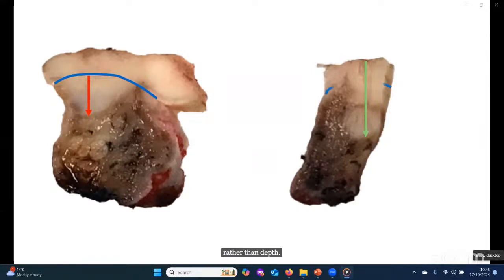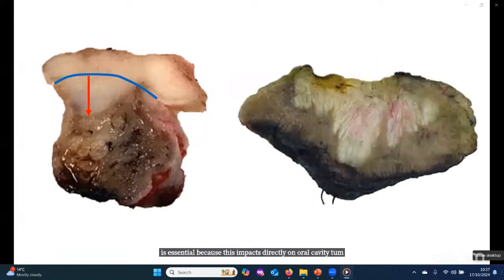Looking very closely at this area here, you will see this fine groove indicating the true line of the normal mucosal surface, and this would correspond to the approximate tumour depth macroscopically. And of course, accurate staging of tumour depth is essential because this impacts directly on staging of oral cavity tumours.